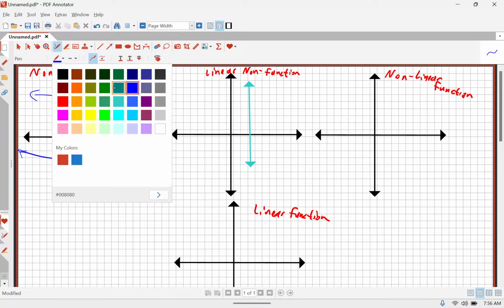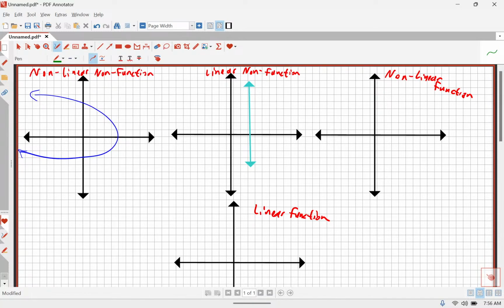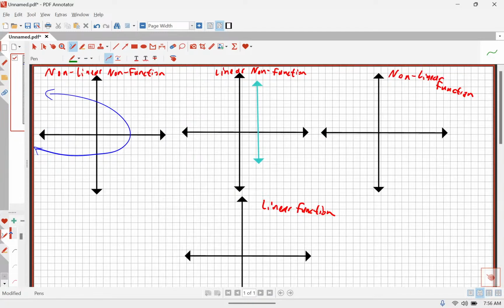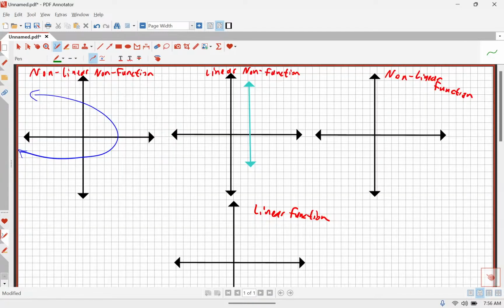Perfect. Sam, what's your favorite color? All right. Will you please draw a nonlinear function on this third one here? Nonlinear function right there. What do you got for us? Awesome. How many of us agree that that's a nonlinear function right there? Perfect. Very good. All right.